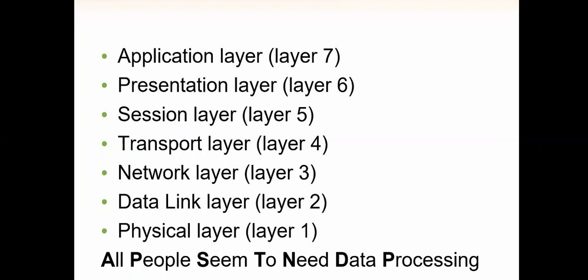And it is this that routers use to direct packets from the source to the destination. So when we talk about a router, it works at layer 3. Routers work at layer 3.